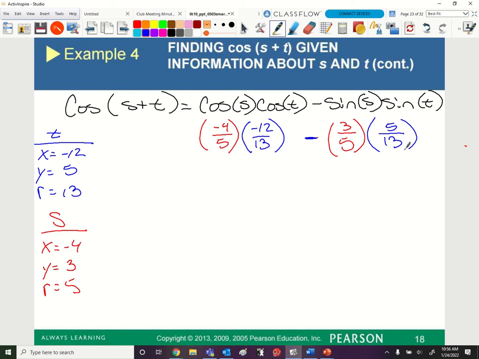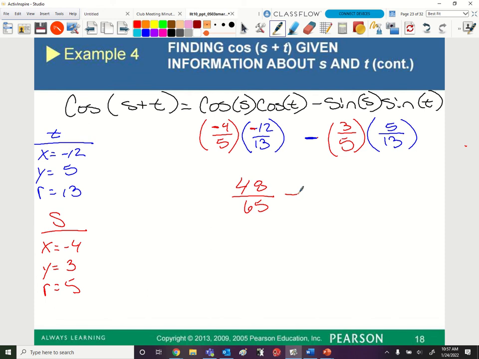Now, I can actually just do my multiplication here. Remember, when we multiply fractions, we multiply straight across. And I got negative times a negative is going to be a positive. So this negative and this negative becomes positive. 4 times 12 is going to give me 48. 5 times 13 is 65.